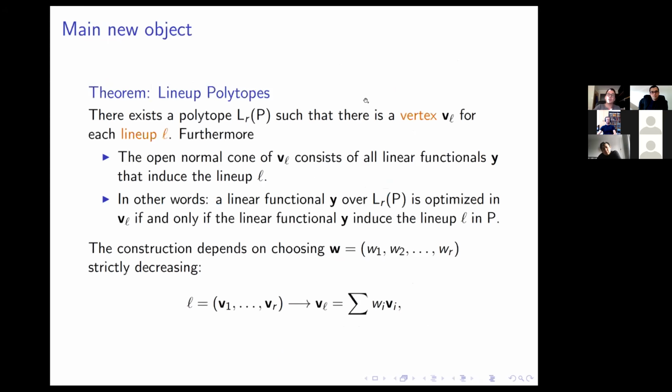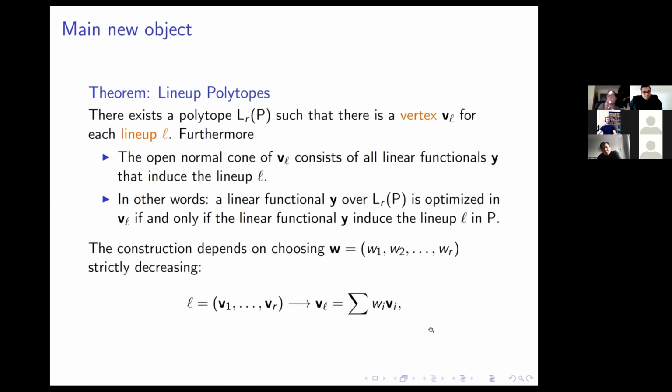So we use this, and the main result here, basically just to close this, is that we create another polytope that has a vertex for each possible lineup. So a lineup was an ordering, and this is the recipe. We have the ordering, and to each ordering we associate a vector by choosing some extra W, and we basically add them with weights, and we create one vertex.